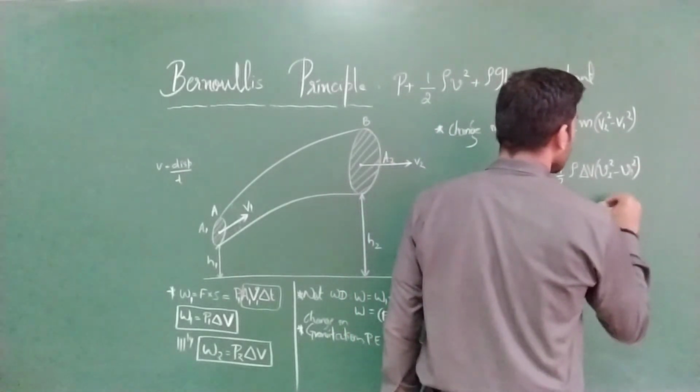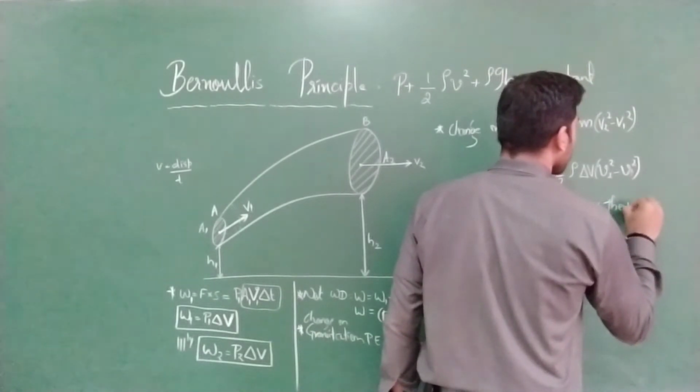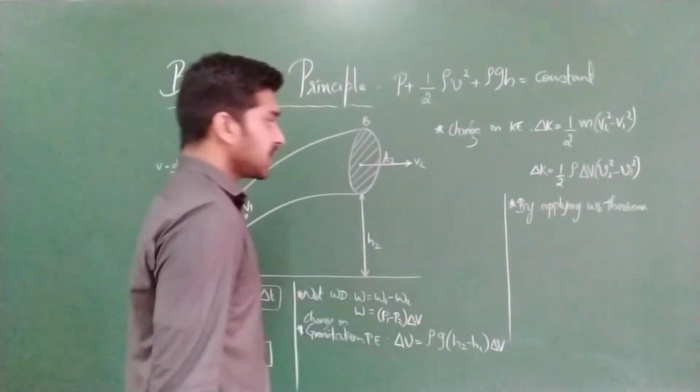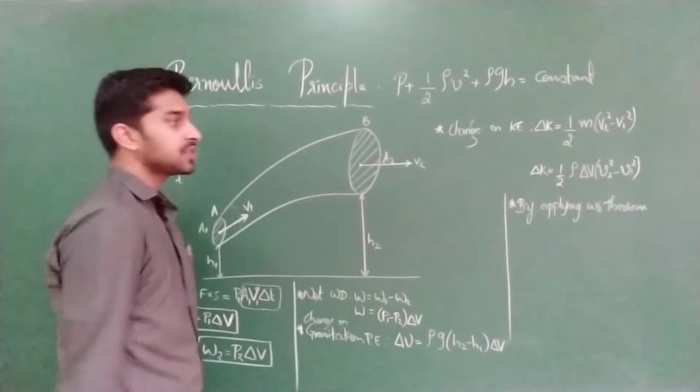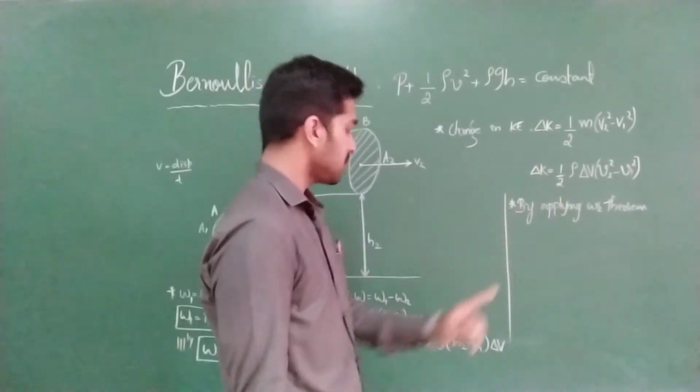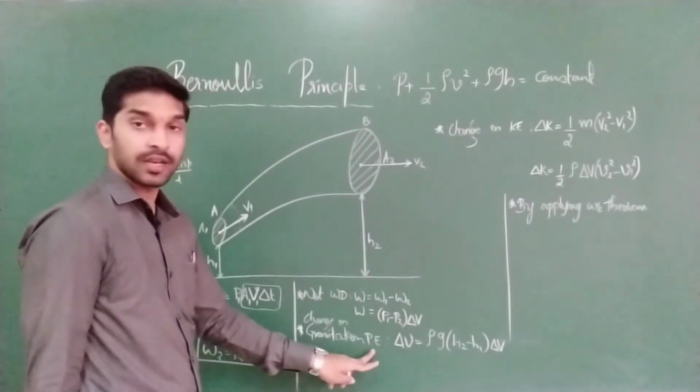Now by applying the work energy theorem: net work done should be equal to the change in kinetic energy plus the change in potential energy.